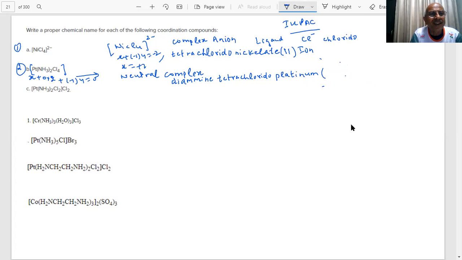What is the oxidation state of the platinum, student? 4, in Roman numerals. That's all. This is the name of this compound, the IUPAC name of this compound. Any doubt?